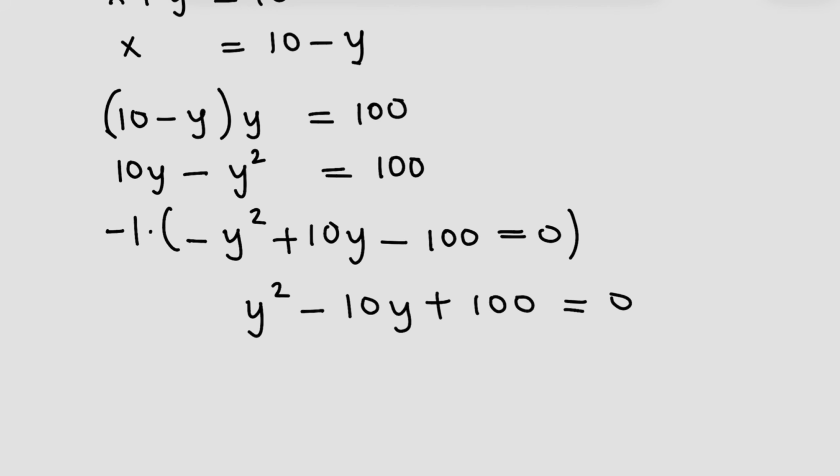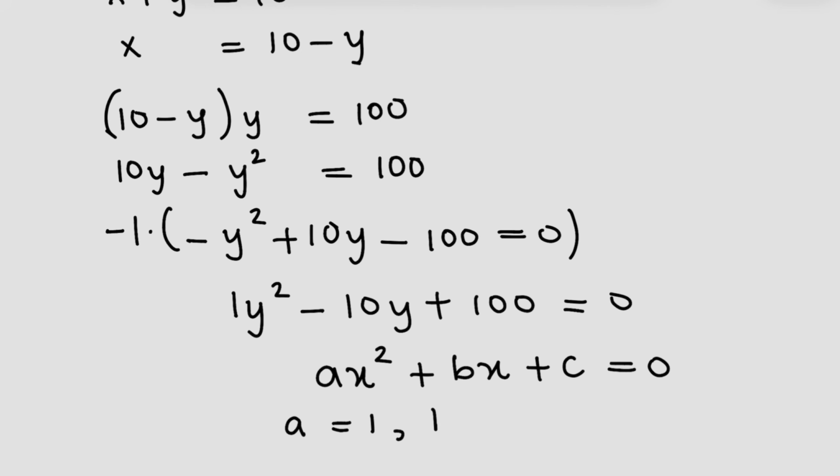We are going to use the quadratic formula, which is of the form ax squared plus bx plus c equals 0. That means our a is 1, which is the coefficient of y squared. Our b is negative 100, which is the coefficient of y.